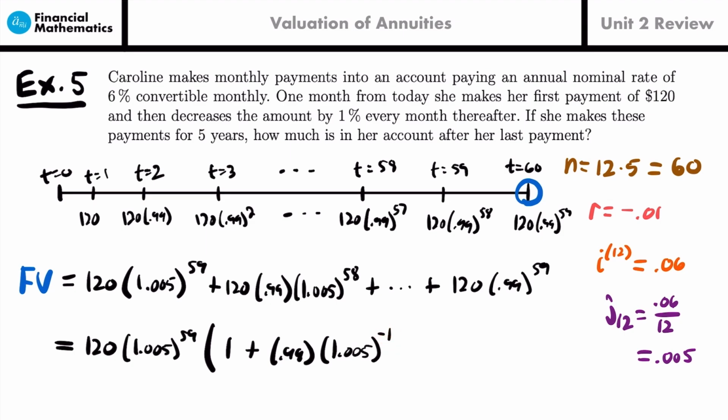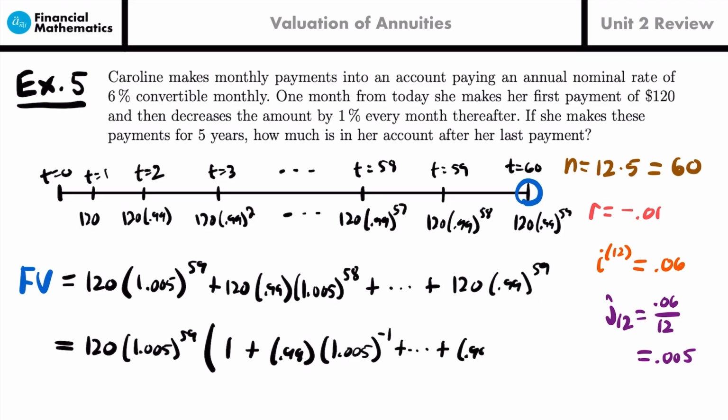And then that will continue on to the last payment where we're pulling out that 120, so we're just going to be left with 0.99 to the power of 59, and then we're pulling out 1.005 to the power of 59, but we don't really have that here. So essentially what's going on is we're dividing this term by that factor. You would have this factor in the denominator, or you could simply write it like this.